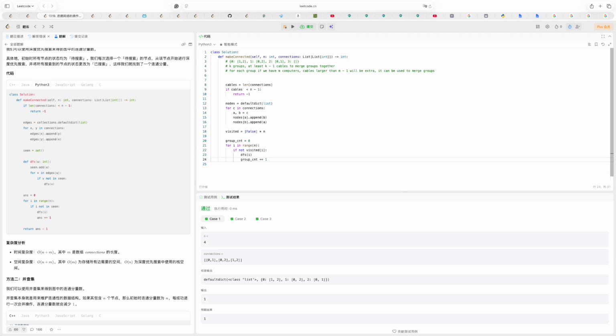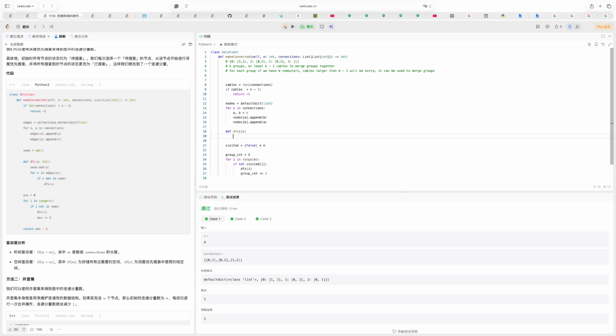Okay, so now DFS i: we will find all the connected nodes in the given node i.